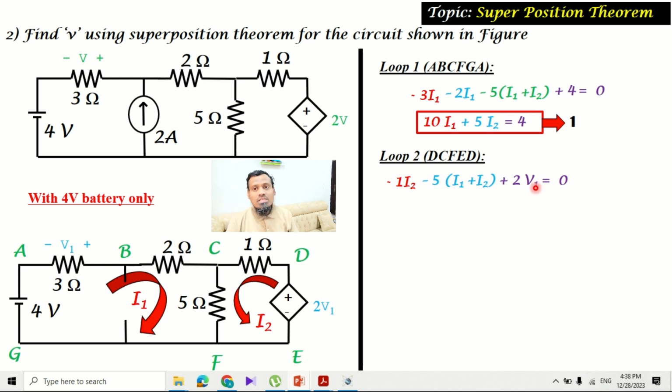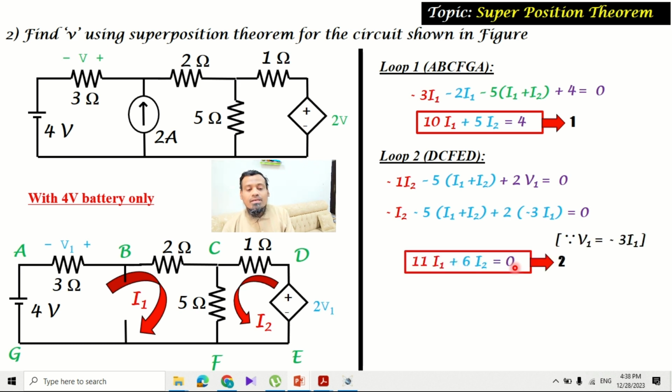So when you change this V1 to be minus 3 I1, the equation will be changed as given to you here. And now let us separate out the I1 terms and I2 terms, and if you simplify the equation and write, the equation will be this one, which we can mention as equation number 2.